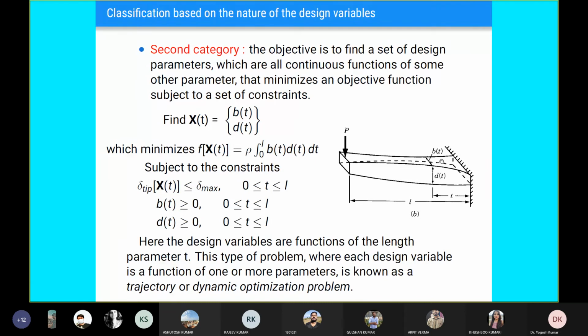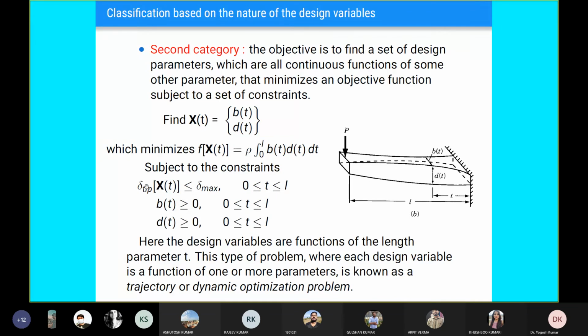This cross section b and d are varying based on your distance t from the fixed point. So in this problem also, what is the objective function? The objective function is minimization of f(x(t)), that is the weight of your cantilever beam, subjected to certain constraints.